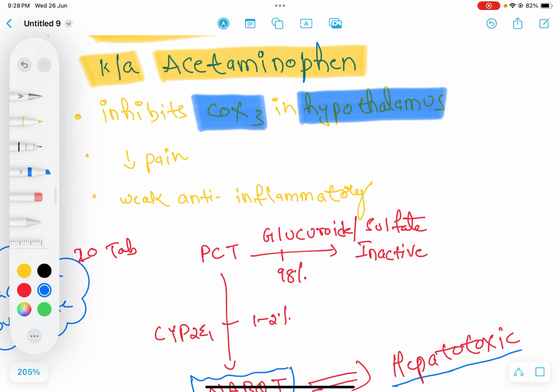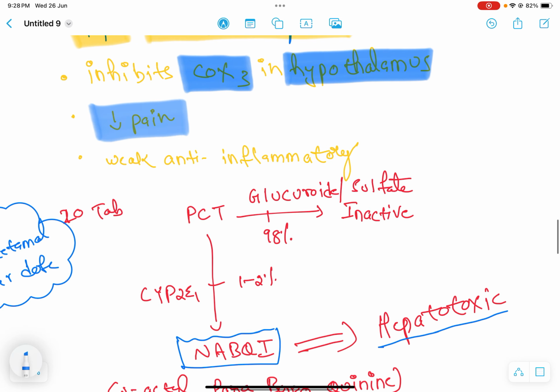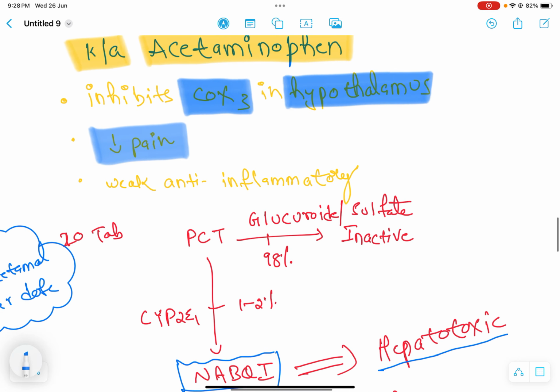What it does is decrease the pain. Paracetamol is an excellent painkiller, but it is a weak anti-inflammatory, and paracetamol is an excellent antipyretic.